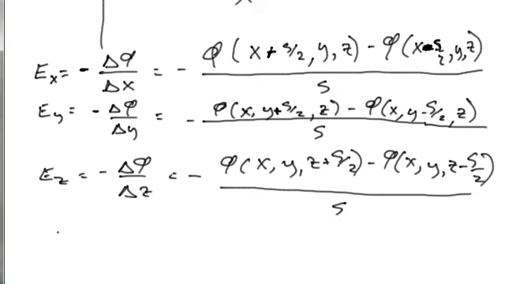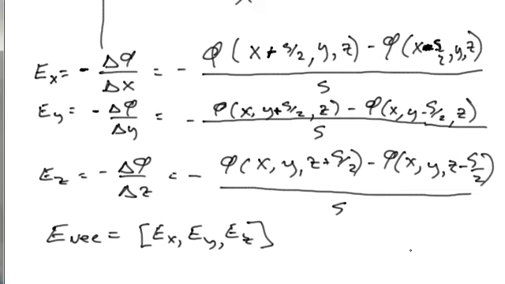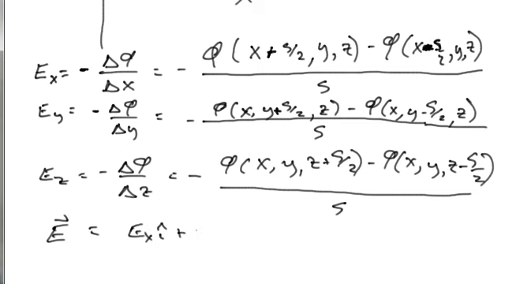And so E vec is equal to EX, EY, EZ. I think I'm writing it as if I were writing the code outline, so I'll write E equals EX i plus EY j plus EZ k.